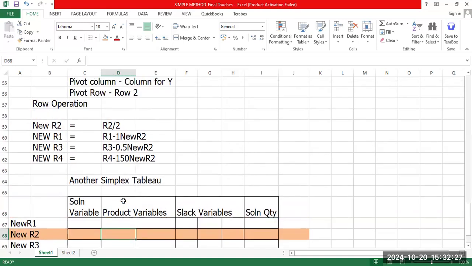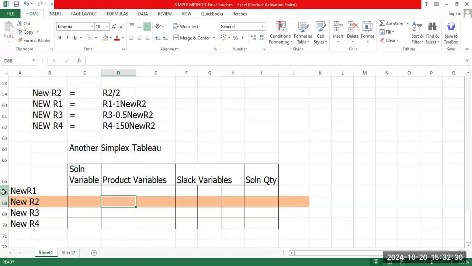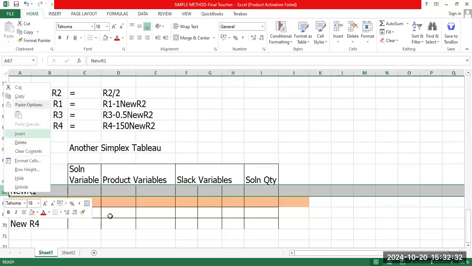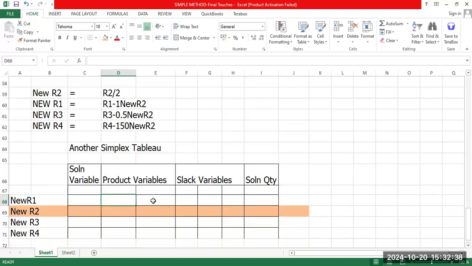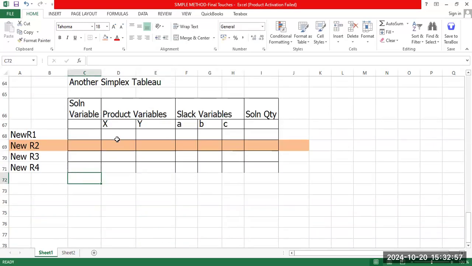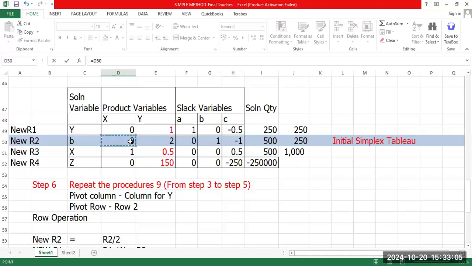So here the formula is saying, let me just put another. This is X, this is Y, this is A, this is B, this is C. So here the previous value is 0 divided by 0.